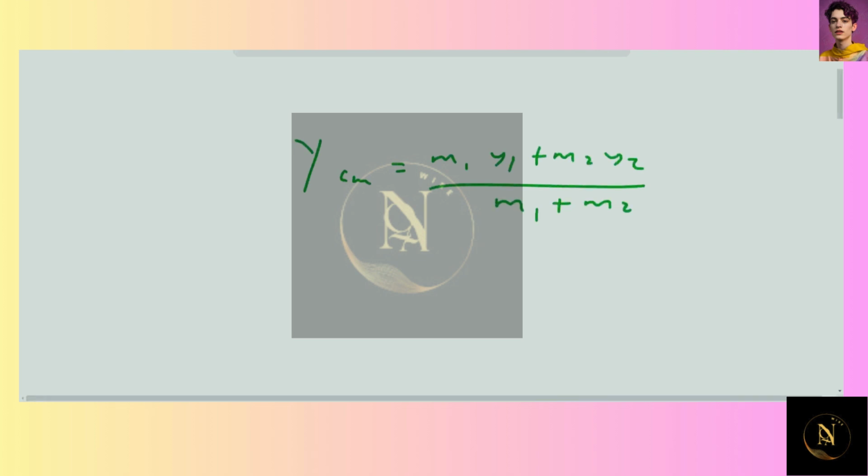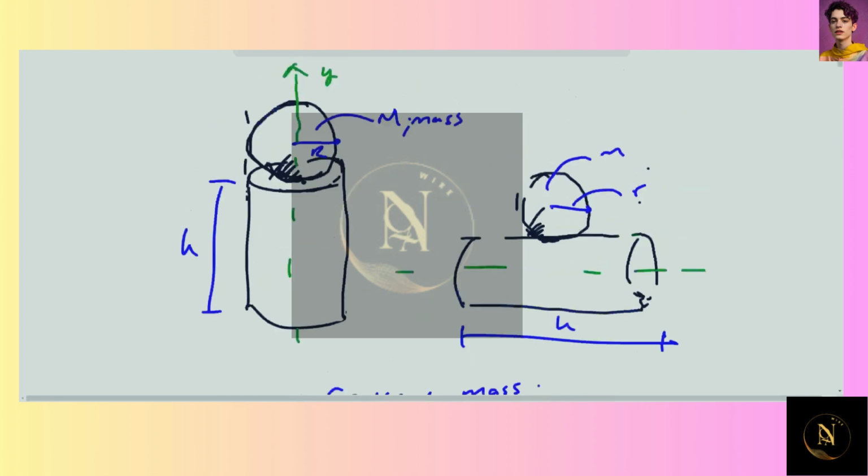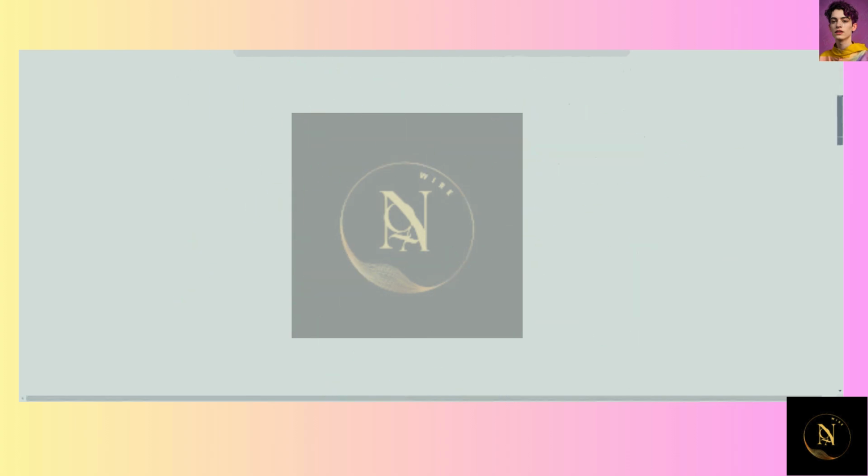Assuming this is your x-axis and that's your y-axis, this is going to be y1 for the first object, and this is going to be y2 for the second object. Those are the heights that we're dealing with. And then we can think of this as m1, and this mass is m2. So that's relevant in the formula.